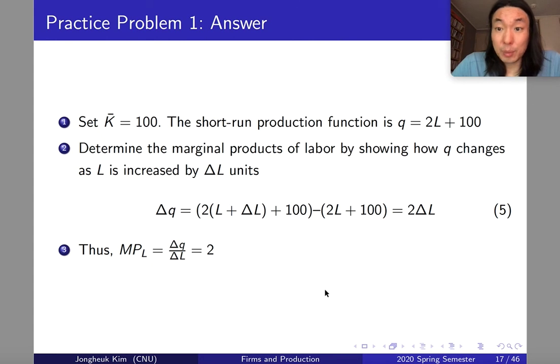The answer 2 means that if you change 1 unit of labor in the short-run production function, your total quantity of output will change by 2 units. Because this is a linear function, the slope is the same at every point.